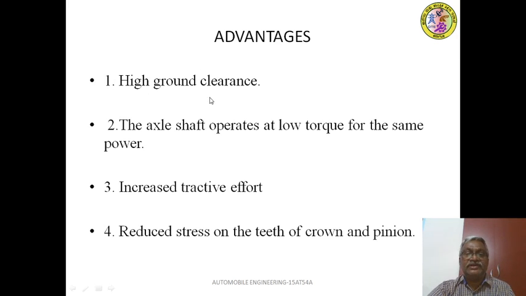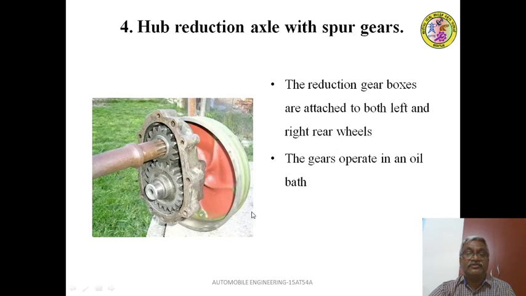First of all, it provides more ground clearance, which is a very much required aspect for tractors. Second, the axle shaft operates at low torque for the same power. You can see in this diagram, this is the axle shaft. These axle shafts are operating at lower torque compared to the double reduction final drive, which we discussed in the last session.